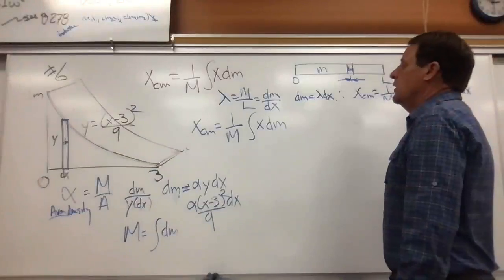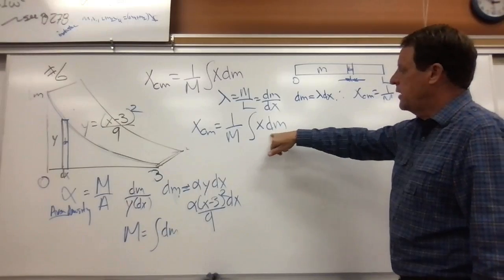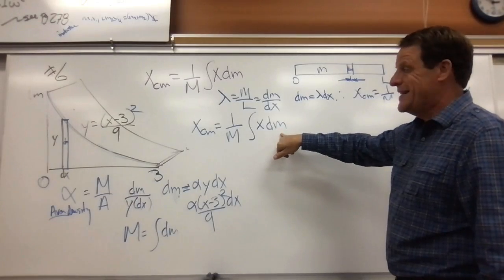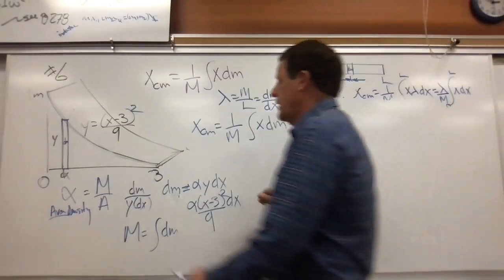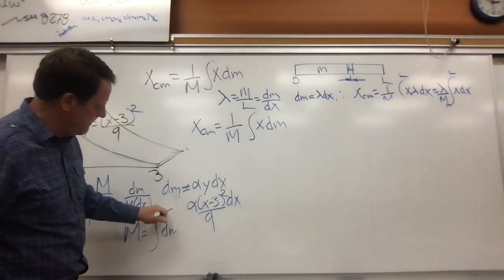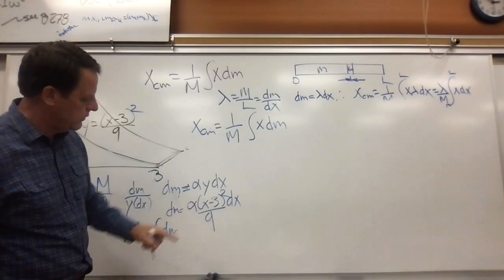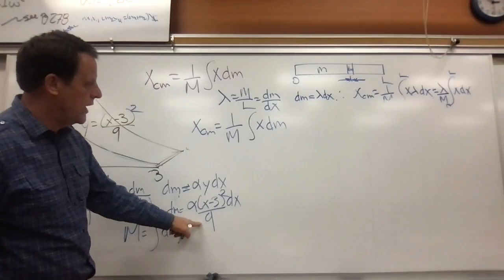All right. So we still have this problem of what dm is. And remember, we know that our dm is equal to alpha times the quantity of x minus 3 squared over 9.